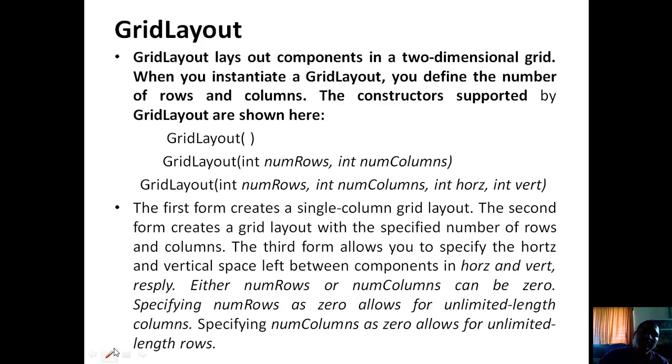When we instantiate a grid layout, we define the number of rows and number of columns. The constructors supported by grid layout are shown here. There are three constructors. First, GridLayout(), the default constructor which does not have parameters. Second, GridLayout(int numRows, int numCols), which has two parameters.